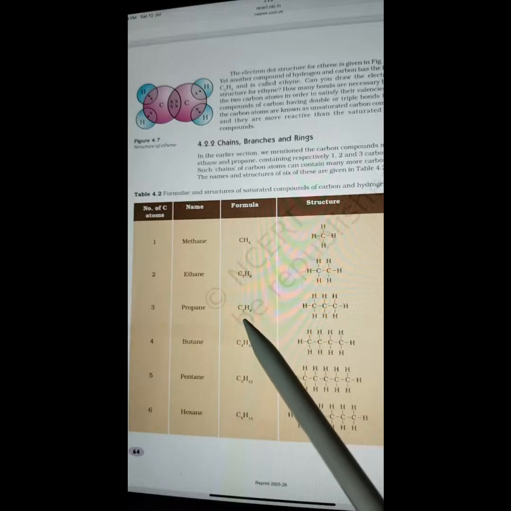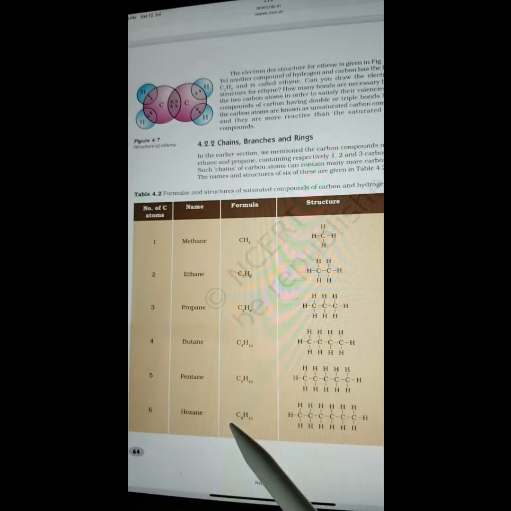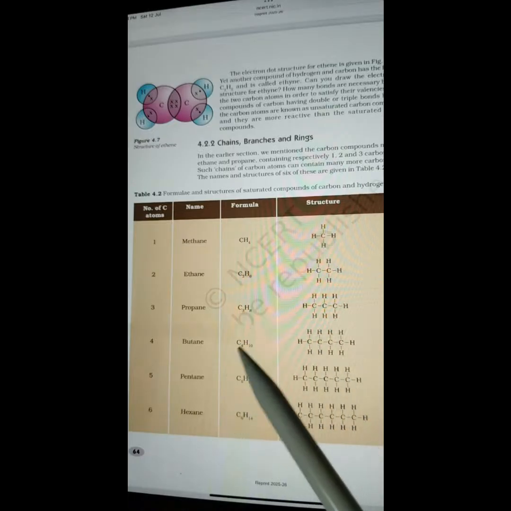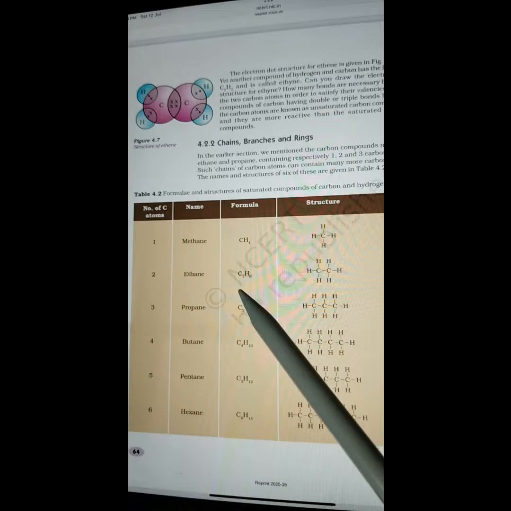Again, to propane, you can add one CH2 and find out on your own what it becomes, right? Always sit with a notebook and a pen, and this will help you in making the series. There is no need for rote learning at all in this. So C1 is for methane, C2 for ethane, C3 for propane, and the basic series starts from methane.